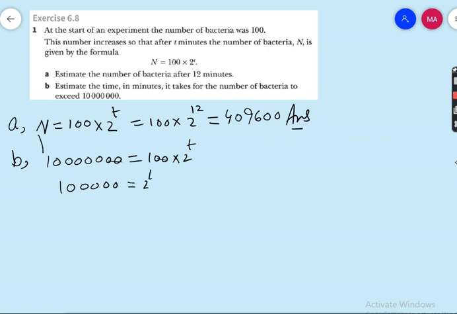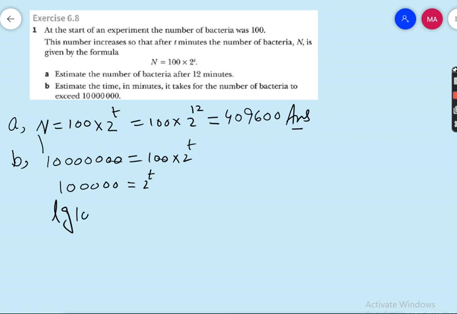2 power t. Now because we need to find the value of t, we use logarithm, taking lg on both sides. Whenever you write lg, it is automatically understood that the base is 10.